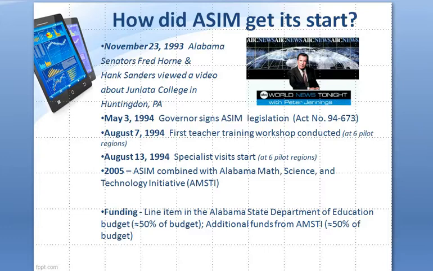In 2005, ASIM combined with the Alabama Math, Science, and Technology Initiative and added its 3rd specialist at all 11 sites. The Science in Motion program is a grant-funded program. It is a line item in the Alabama State Department of Education budget, and it also gets funds from AMSTI.